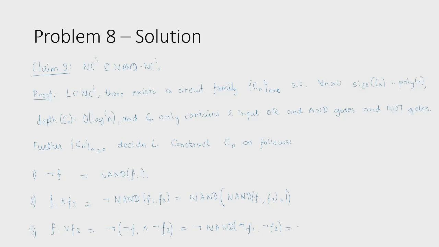So this is equal to NAND of NAND of F1 comma 1 and NAND of F2 comma 1. Let me write this on the next page.